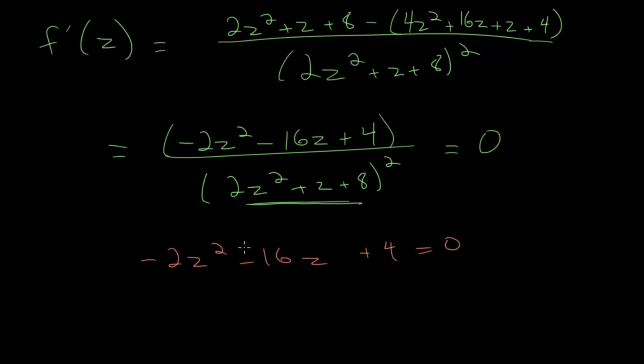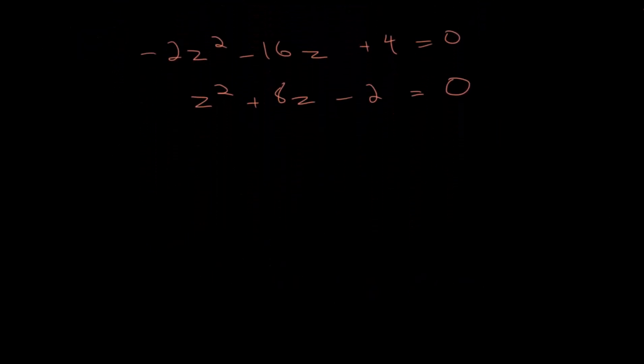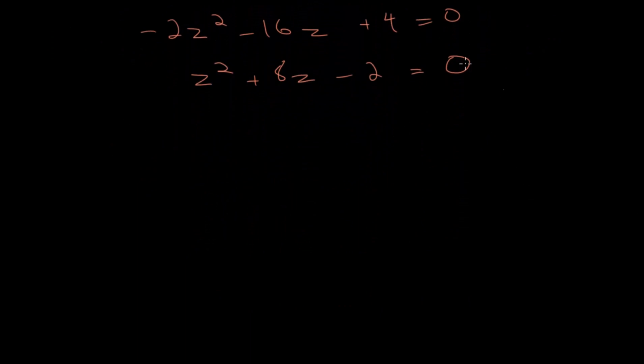And let's start by just dividing everything by -2. It's z squared plus 8z minus 2 is equal to 0. And this we can use either factoring or the quadratic formula. And it doesn't look like factoring would work easily on this, so let's just use the quadratic formula. So we want the opposite of b.